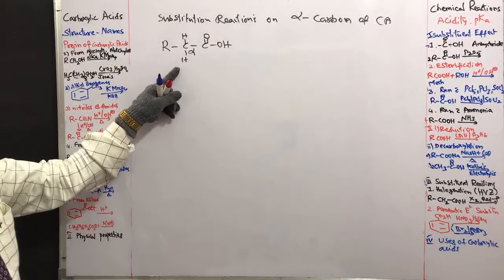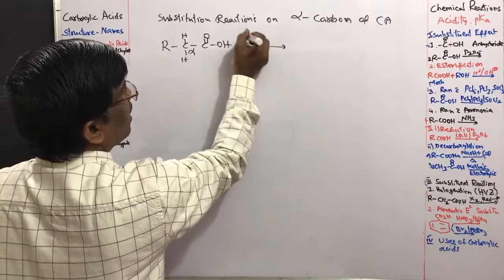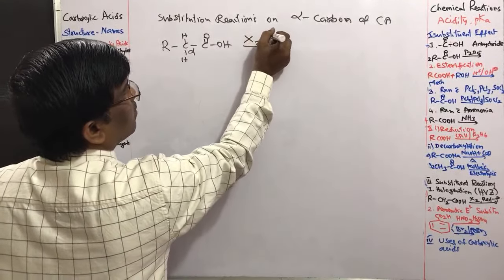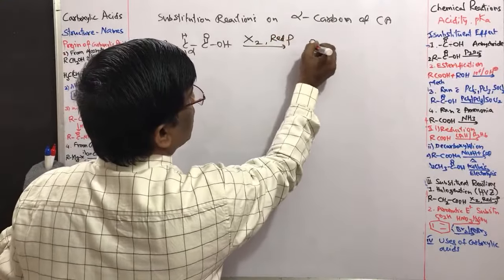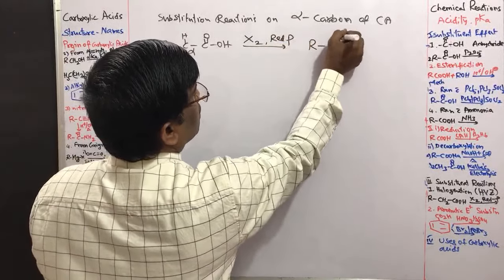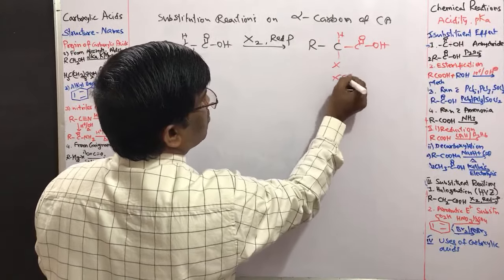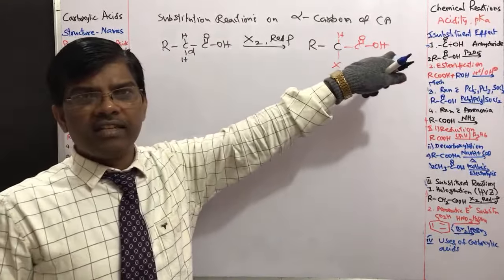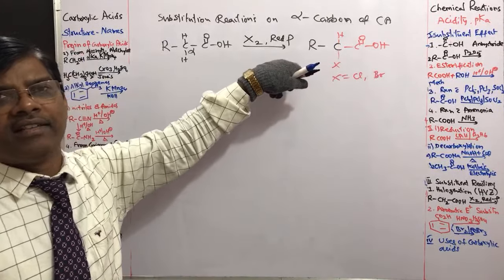And this alpha carbon hydrogen will be substituted in the presence of halogen, let us write chlorine or bromine, with red phosphorus. Using red phosphorus, it is going to give alpha halo carboxylic acid. X can be chlorine or bromine. And these alpha halo carboxylic acids are very, very important synthetic starting materials for the preparation of amino acids.